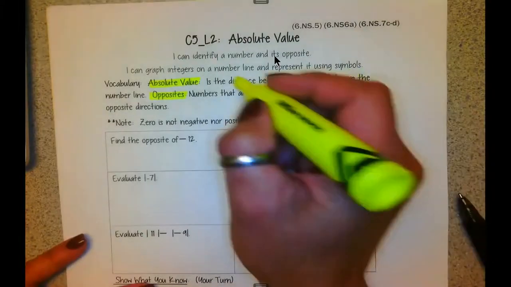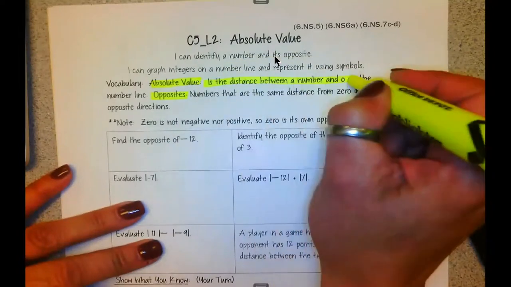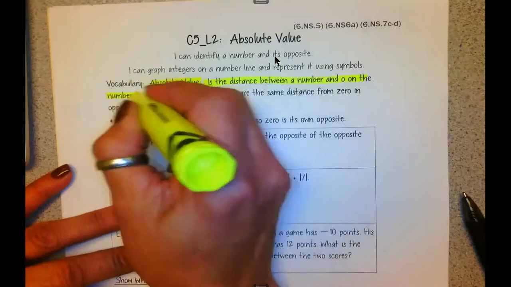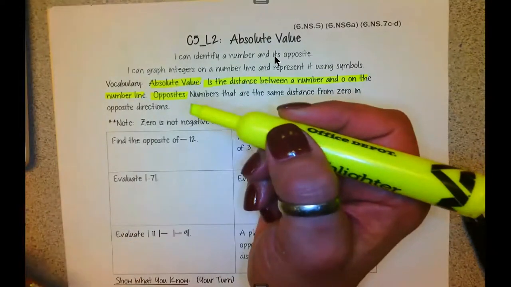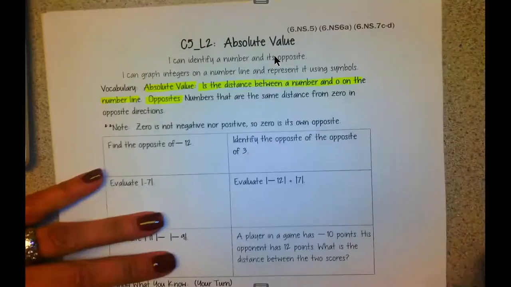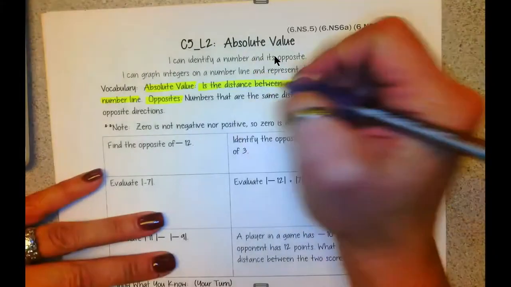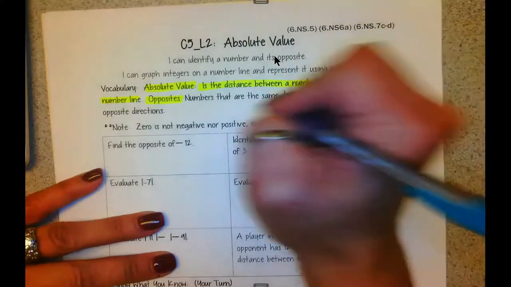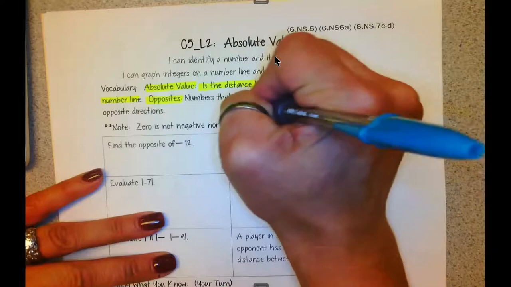Absolute value is the distance between a number and 0 on a number line. So it's the distance from that number to 0. With your absolute value, I want you to understand that your answer will always be positive. Always. Okay?